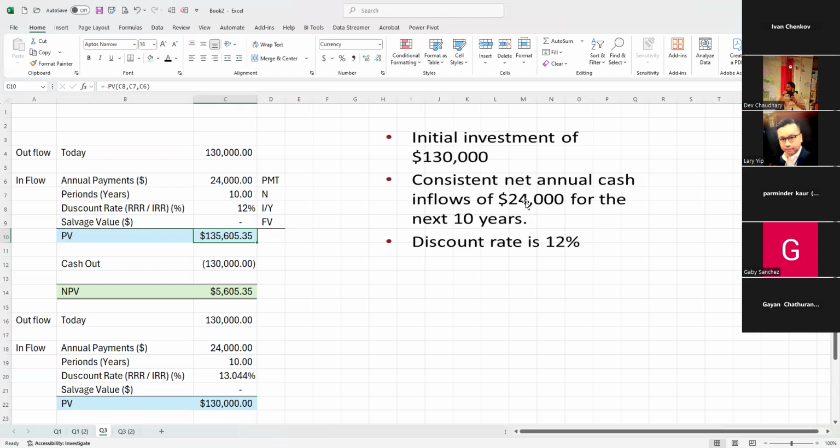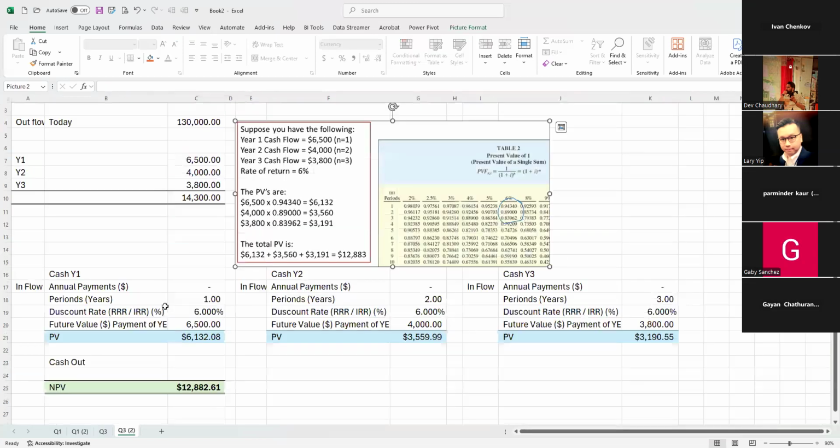Make sense? And if you do the thing here 10 times, by using 24,000 as a future value, you're going to get exactly the same amount. Make sense? Yes, sir.